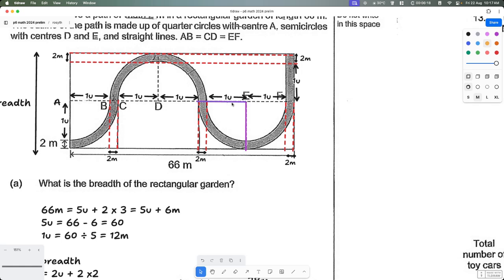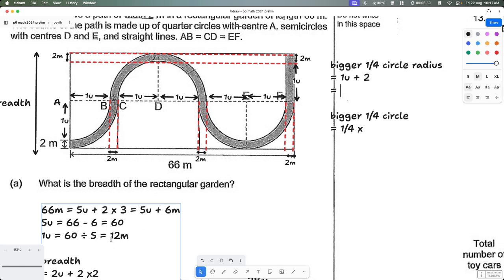So essentially we just need to get the radius of the bigger one. So bigger quarter circle is equal to 1/4 times, okay, so what's the radius? The bigger 1/4 circle radius is equal to 1 unit plus 2, which is basically, so 1 unit is 12, right?